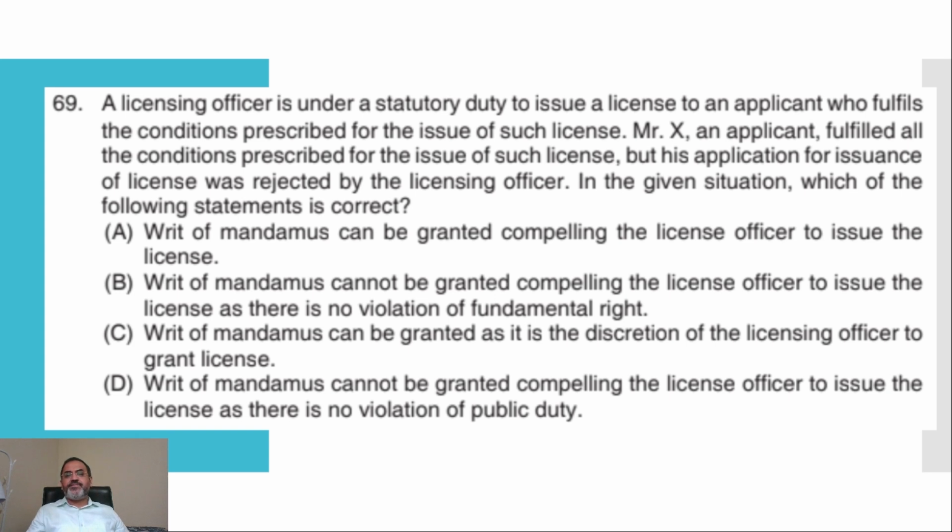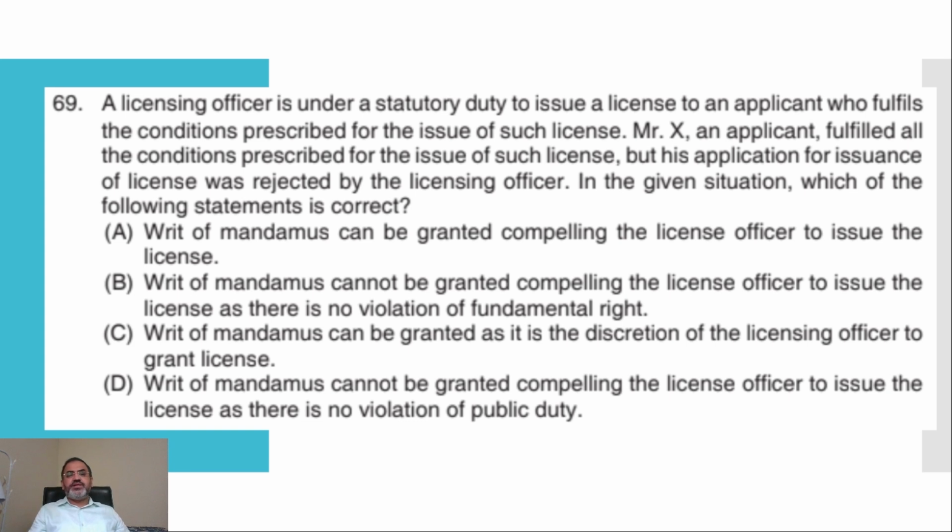Now, it's quite clear that if a person has fulfilled all that is to be done in order to get a license from a licensing officer who was performing a statutory duty, then failure to issue the license would give rise to a cause for the writ of mandamus to be issued. So if you look at the options, we have clause A and clause C, which say a mandamus can be granted.